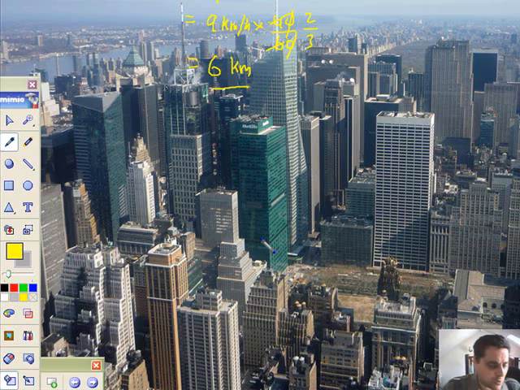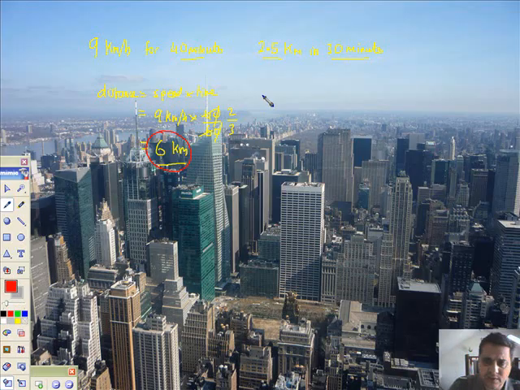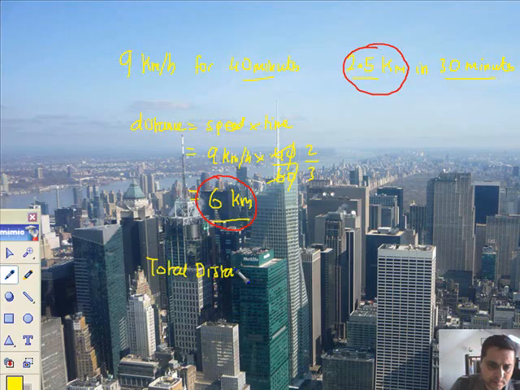Right, let's just combine the two. The average speed, well, what did he do? John did 6 kilometers and 2.5 kilometers. So we're going to have total distance is going to be 6 plus 2.5, which is 8.5 kilometers. And the total time, what did he do?